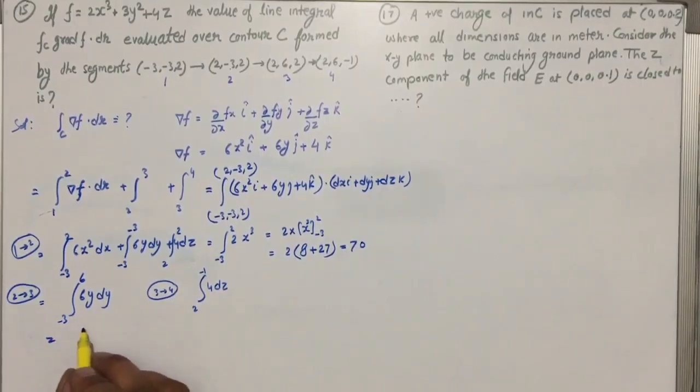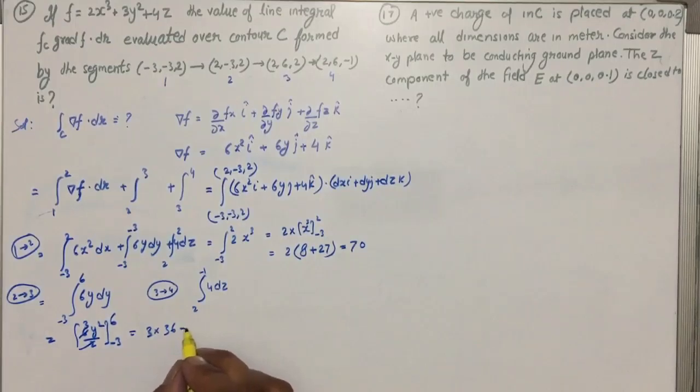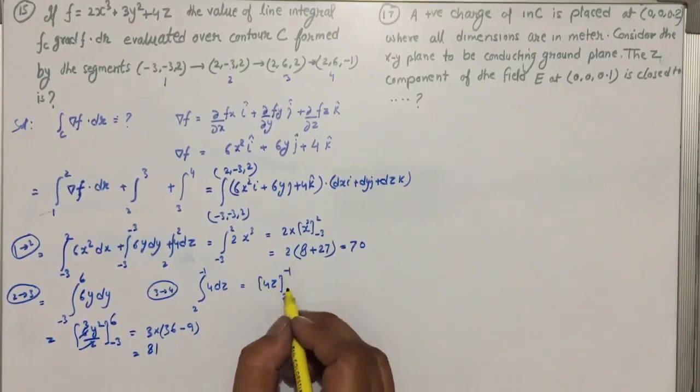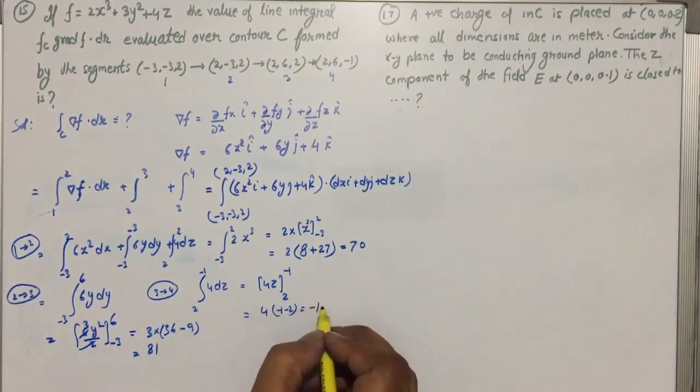Here it will be 6y square by 2 from minus 3 to 6, so it will be 3 into 36 minus 9 times 3, which is 3 times 27, so 81. Then 4z from 2 to minus 1 is 4 into minus 1 minus 2, so it will be minus 12.